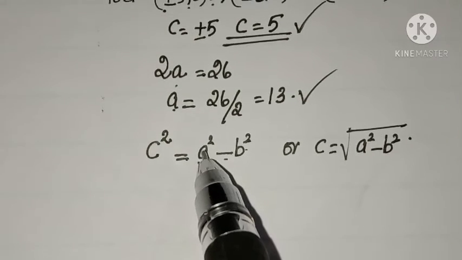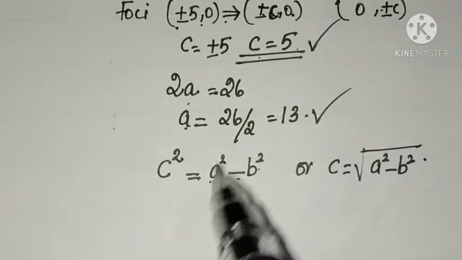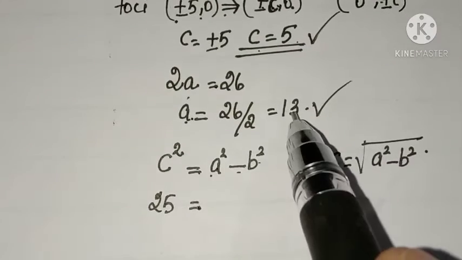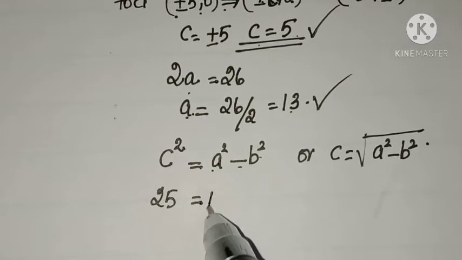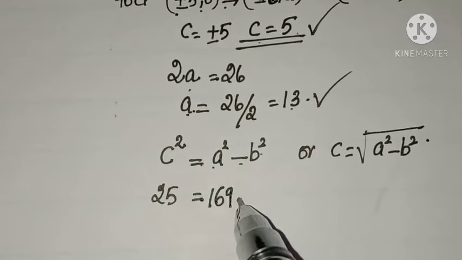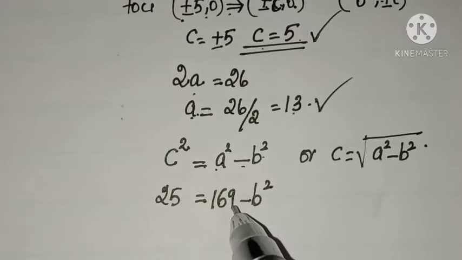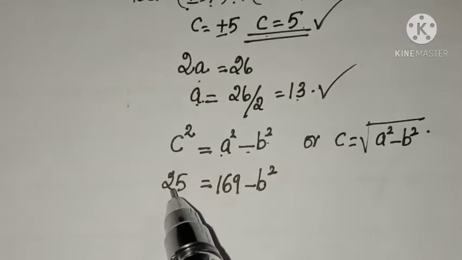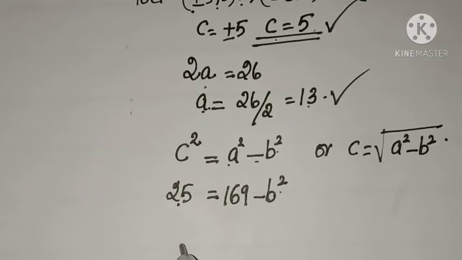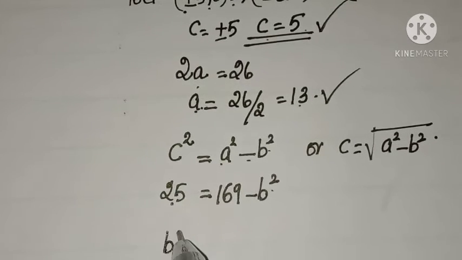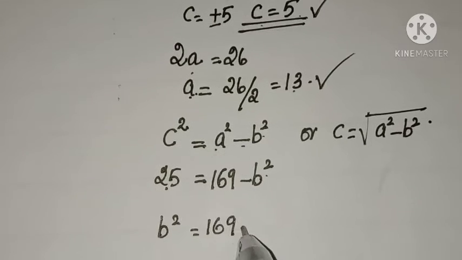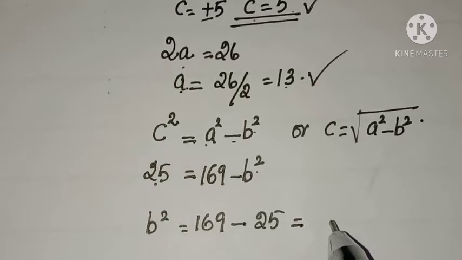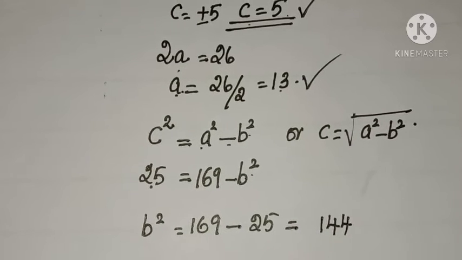Put c square and a square. c is equal to 5, so c square is 25. a is equal to 13, so a square equal to 13 square. 13 square is 169. Now take this minus b square to the left side and 25 to the right side. So this becomes b square is equal to 169 minus 25. 169 minus 25 is equal to 144.